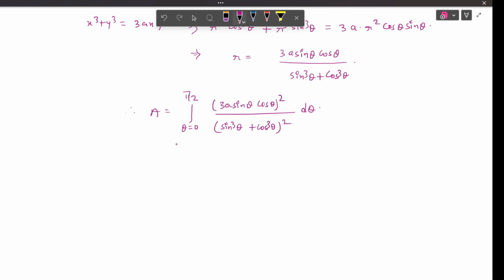Now this would be 9a square, sin square theta cos square theta upon sin cube theta plus cos cube theta whole square into d theta, from 0 to pi by 2.